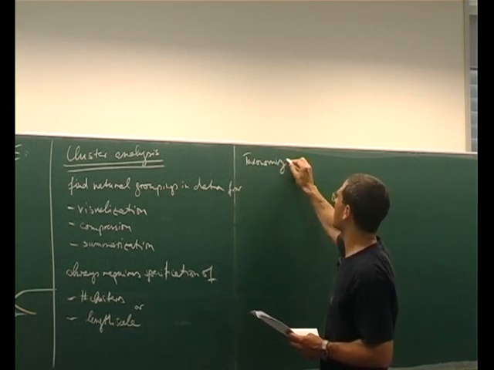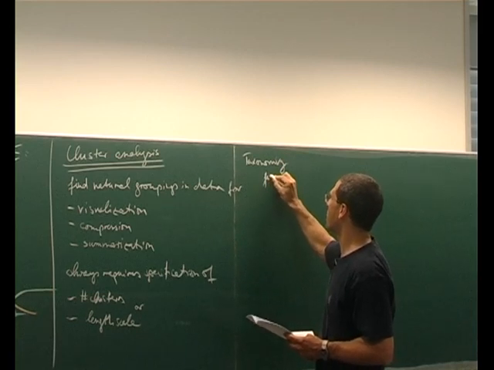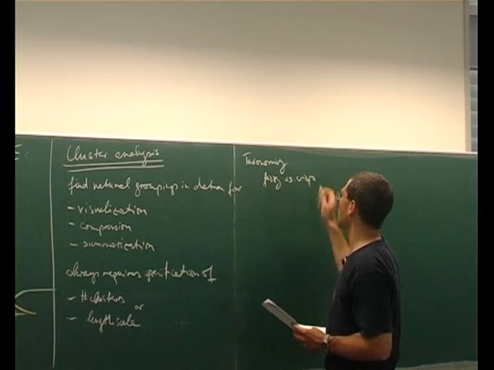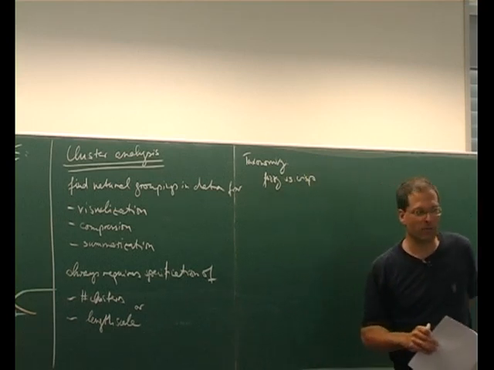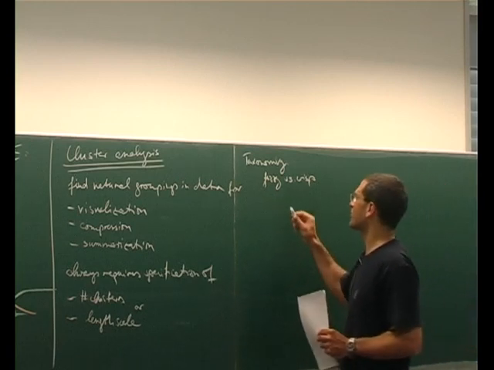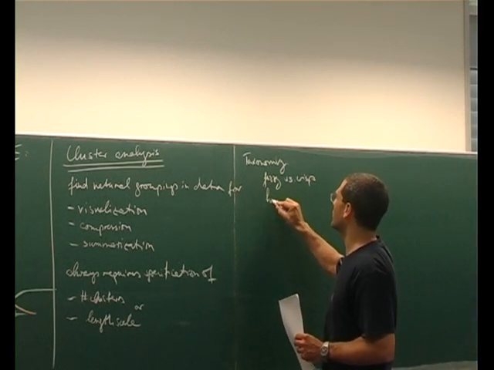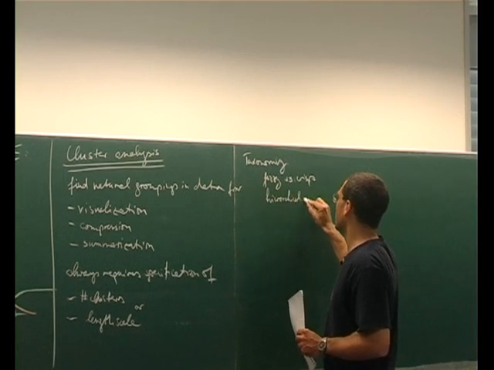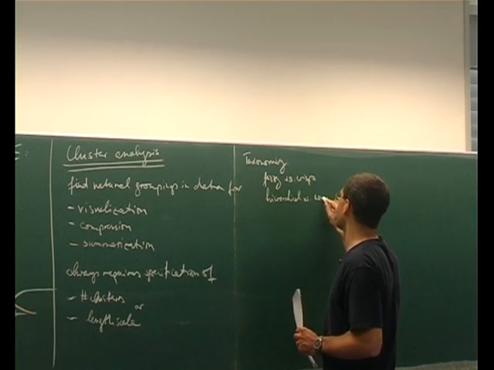So how can we sort the clustering methods? We have fuzzy versus crisp. Fuzzy means that any observation can belong to more than one cluster center. Crisp means that each observation belongs to exactly one cluster center. You could distinguish between hierarchical versus non-hierarchical.